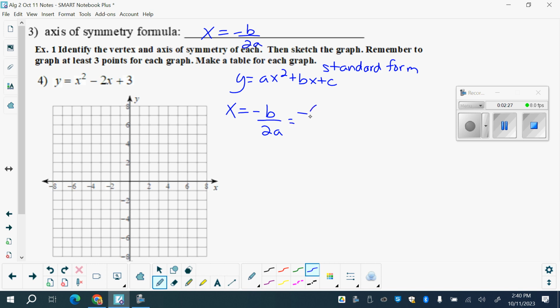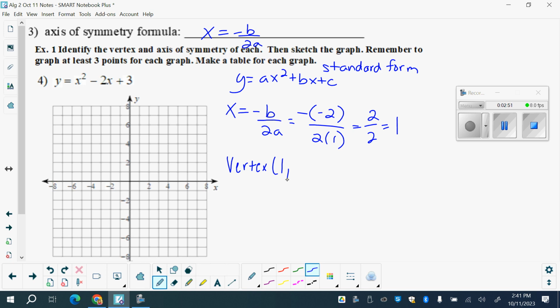So it's going to be the opposite of negative 2 over 2 times what's a? 1. It's 1 that is assumed to be in front of this x squared here. So we simplify that. That gives us positive 2 over 2, which equals 1. So our vertex will have an x value of 1.